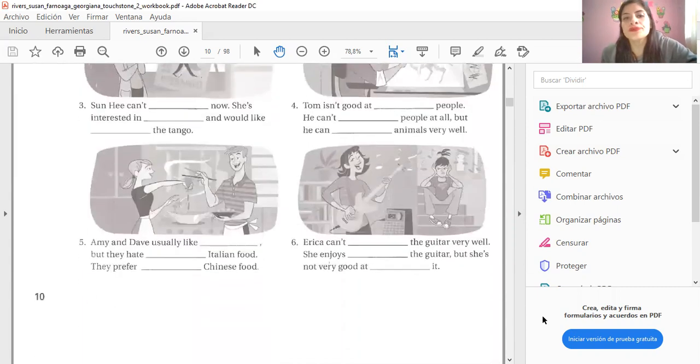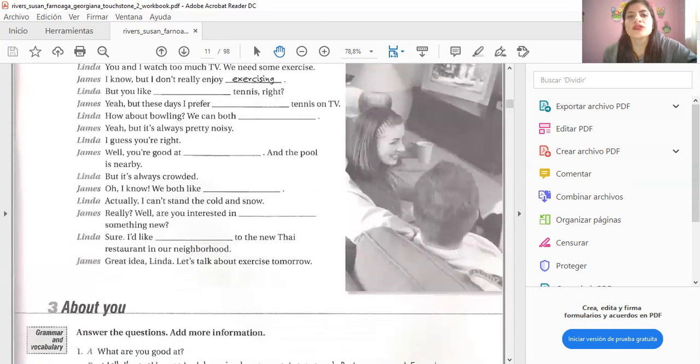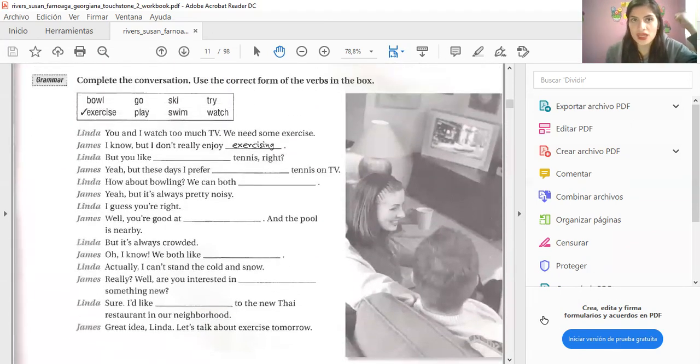And also they're going to do a reading activity, combined with a grammar activity. Here you have a conversation between two people, and students have to work in pairs or groups of four, and they have to complete this dialogue with the correct form of the verbs to reinforce the topic.